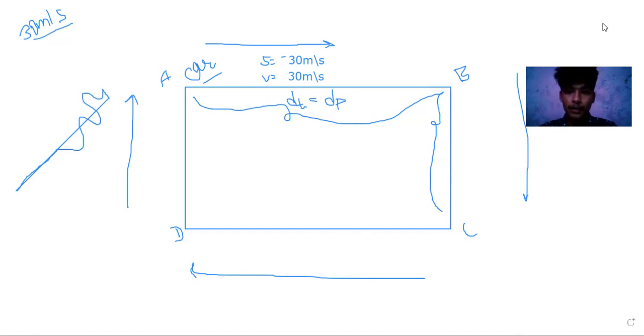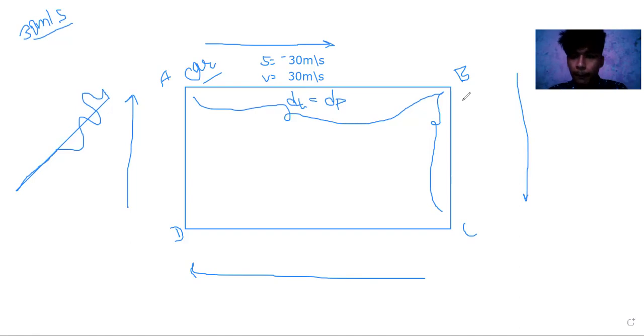Now we'll take the example and try to know what the speed will be and what the velocity will be. For that, again, we should find the relation between distance and displacement.